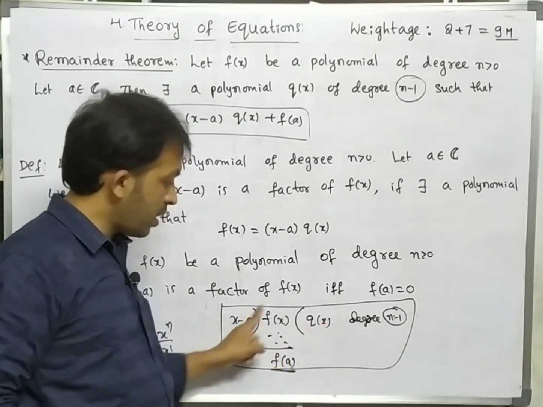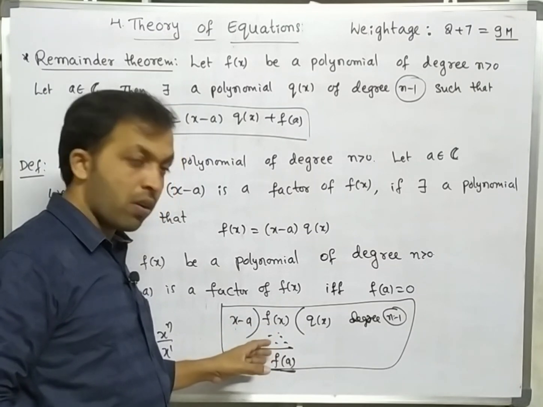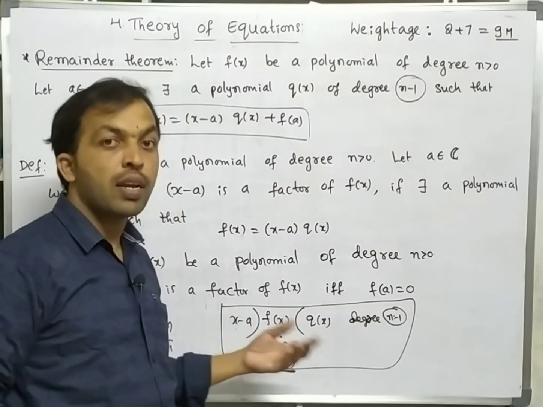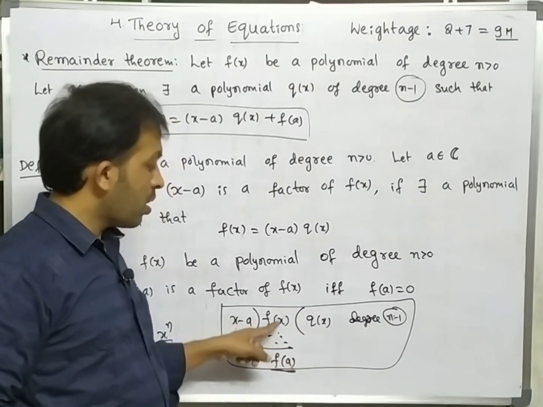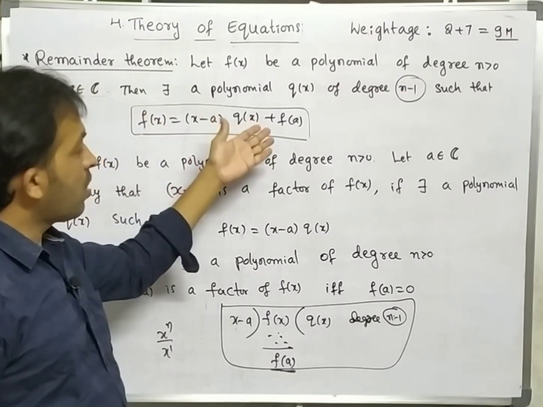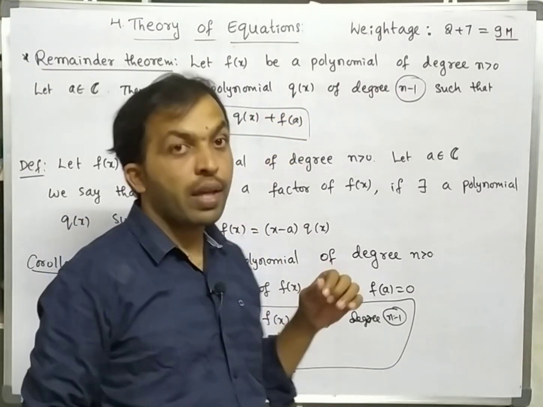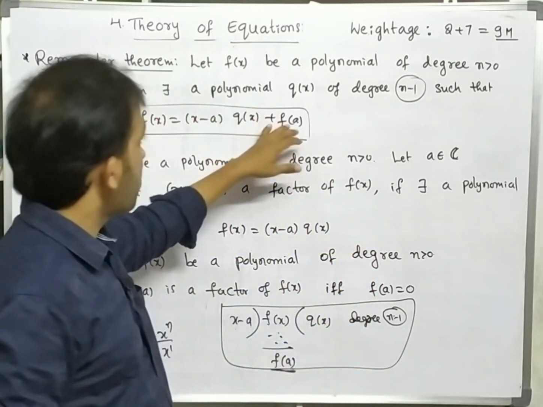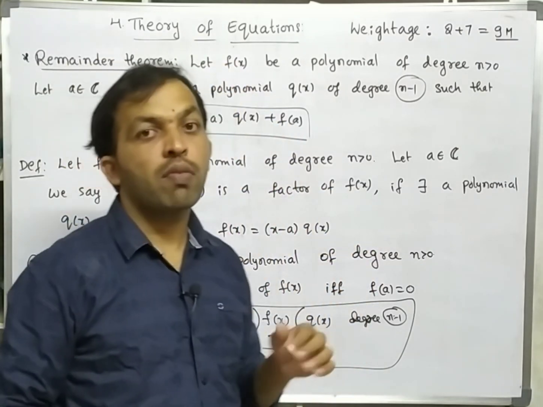When we divide, after some long division we will get one remainder, let it be f of a. This is the result, and here f of a is called the remainder. How can we find the remainder? Just substituting a in the polynomial, then we will get the remainder.